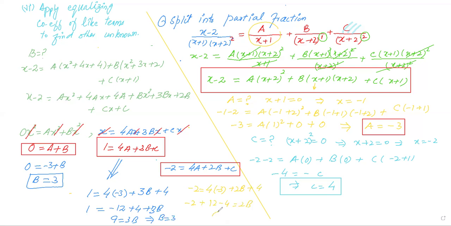It becomes 6 is equal to 2b, and after cancellation, I will get the answer of b is equal to 3. So in any one of these three equations, one of these three identities, you can find the values of b. It's your choice.